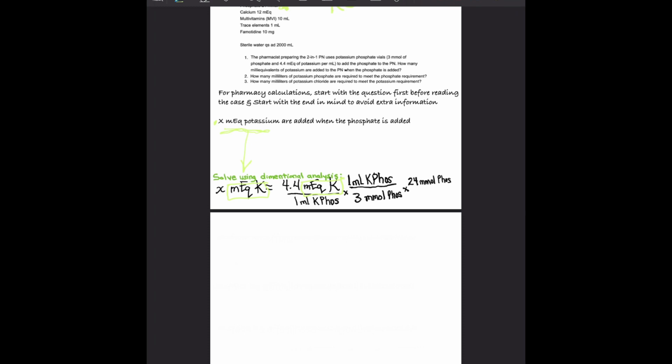So I look through my question and I find milliequivalents of potassium. I know that there are, according to the question, 4.4 milliequivalents of potassium per milliliter. So that's where I get this 4.4 milliequivalents of potassium over 1 ml of KPHOS.